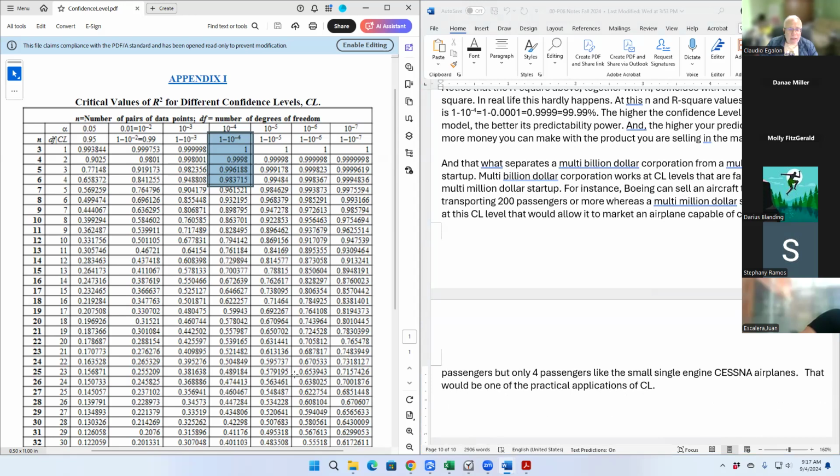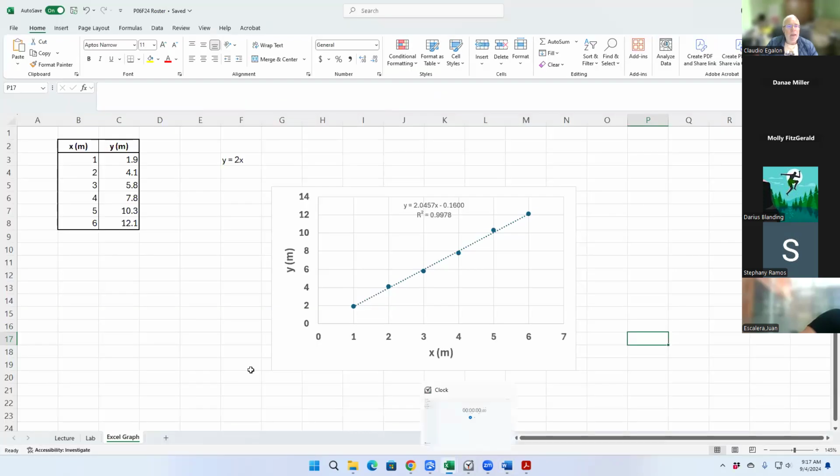Okay. And let's go back to our graph that we plotted before, right? What would be the CL of this graph? Remember, I made up this data just for illustration purposes, but throughout the semester, you will work with actual real life data points.